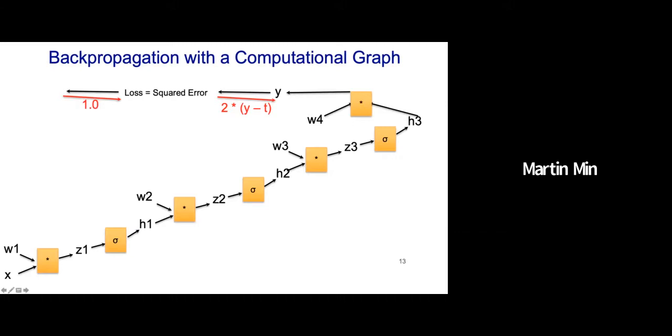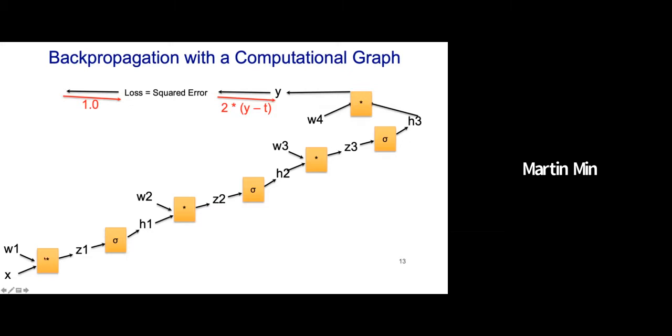The derivative of the loss with respect to itself is, of course, 1.0. If we use the squared error, the derivative of the loss with respect to the output y will be 2 times y minus the target. Then you can get the derivative of the output unit with respect to w and with respect to the hidden units, and you just backpropagate through this computational graph.